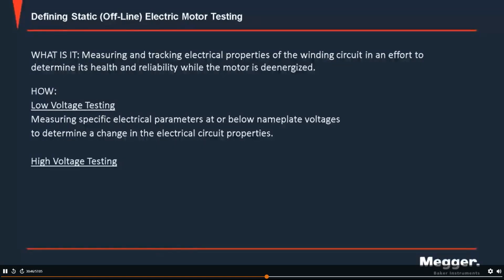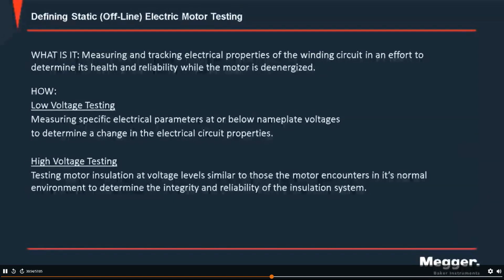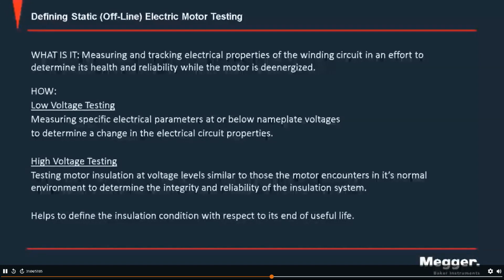And then we have high voltage testing, where we're evaluating that insulation's ability to withstand those high voltage surges that it's seeing over its life. So we test motor insulation at voltage levels similar to those the motor encounters in its normal environment to determine the integrity and reliability of the insulation system. That helps us define the insulation condition with respect to end of life, right?